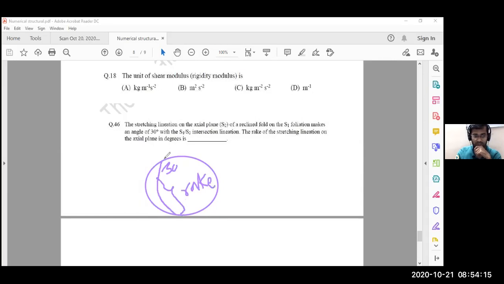You have to align this circle north-south according to the right hand rule. Then measure 10, 20, 30, 40, 50 and 60 like this. In case of an objective question, you cannot measure, so simply 90 minus 30. So you will get 60. So the answer is 60.